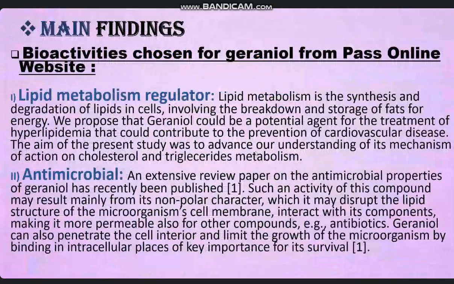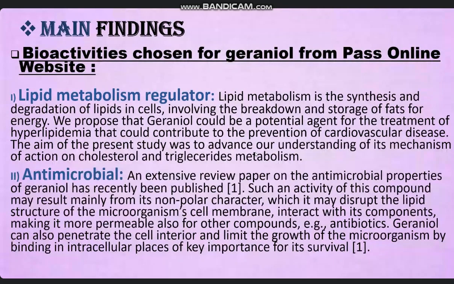So these are the main findings. Bioactivity is chosen for geraniol from the PASS Online website. First one is lipid metabolism regulator. Lipid metabolism is the synthesis and degradation of lipids in cells, involving the breakdown and storage of fats for energy. We propose that geraniol could be a potential agent for the treatment of hyperlipidemia that could contribute to the prevention of cardiovascular diseases.